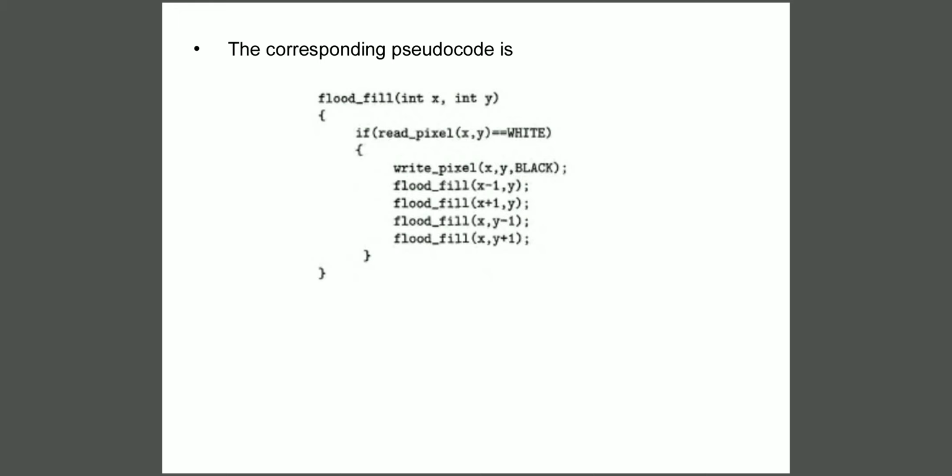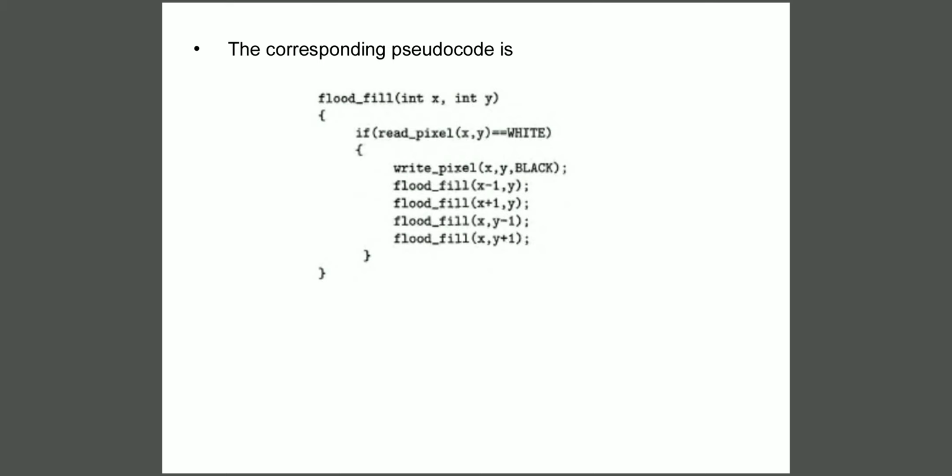If the color of the particular pixel is the background color, then we need to update the pixel with the foreground color. Assume here that the background color is white and the foreground color is black. So we are checking whether the color of the pixel is white. If it is white, it indicates the pixel contains the background color, so we need to update it with the foreground color.